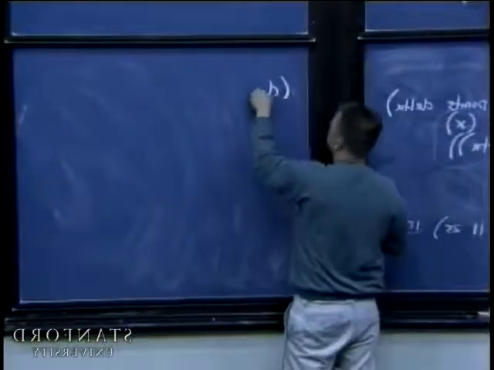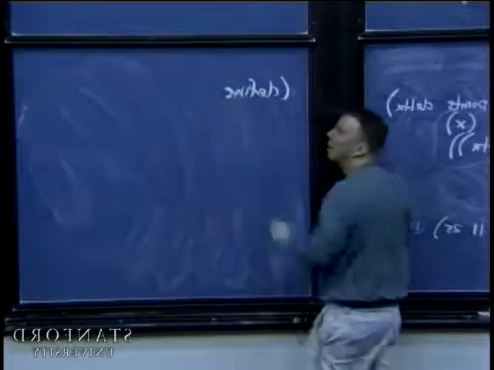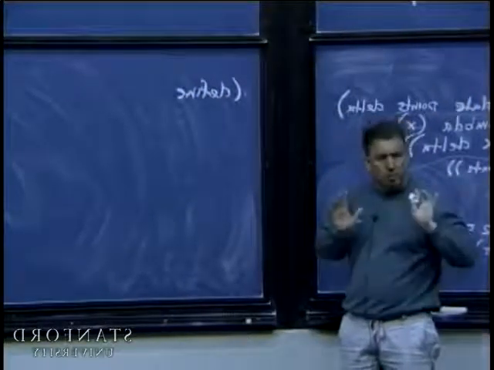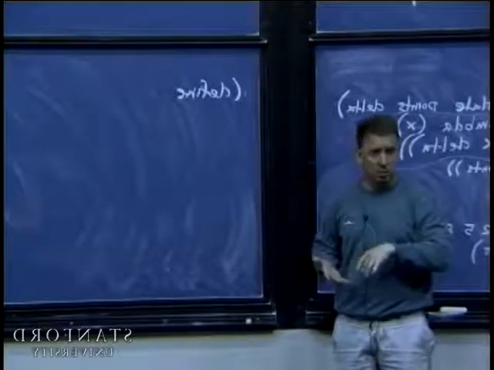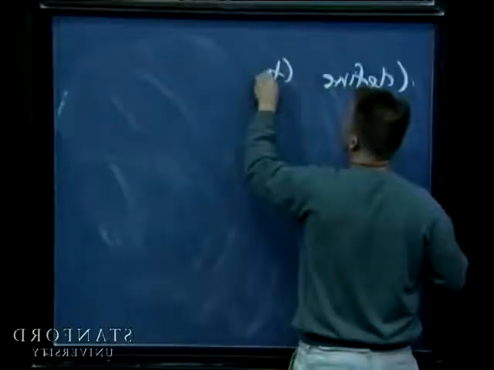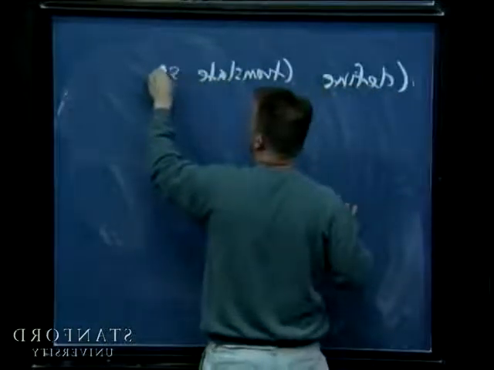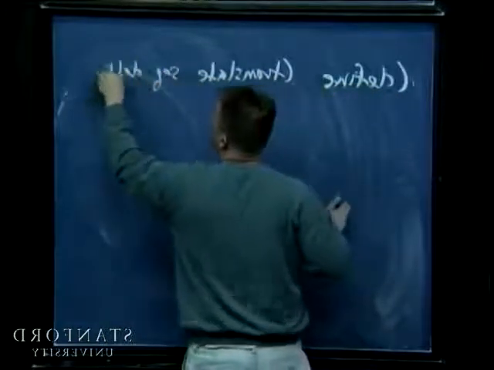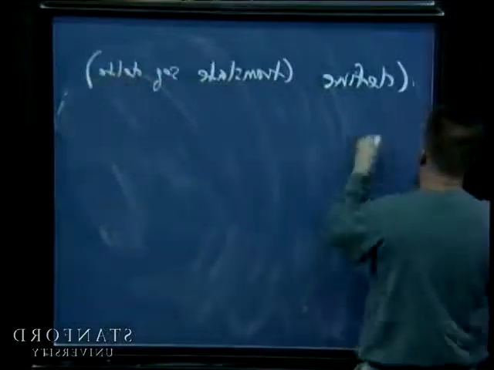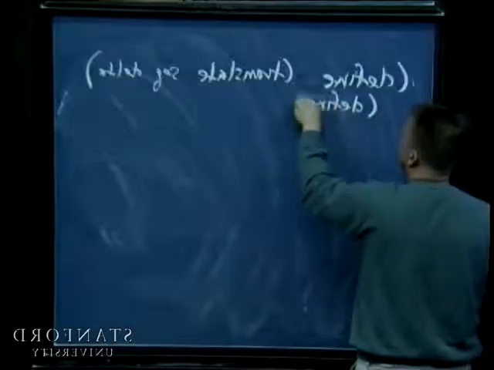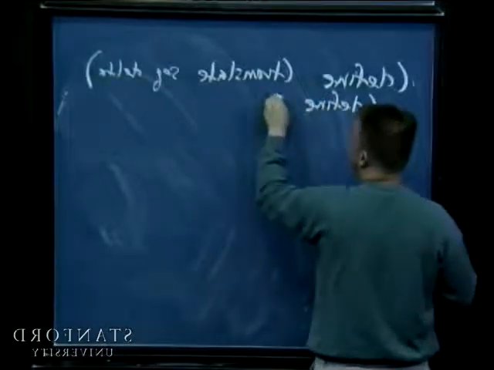If I wanted to define this translate thing a little bit more clearly, and be more explicit about the fact that some inner function is involved, I could define translate of, I'll just call it SEQ and delta, just like that. I could actually provide an inner definition.